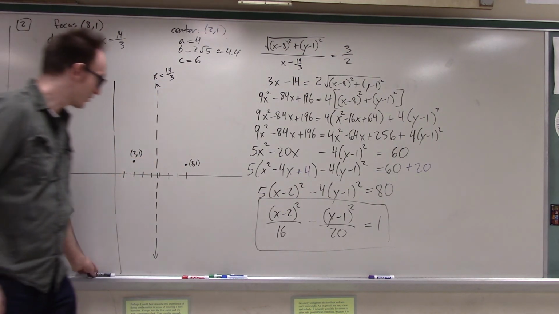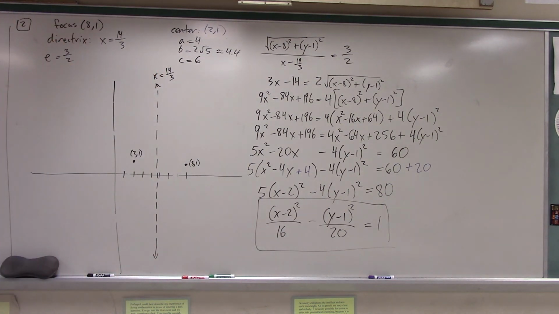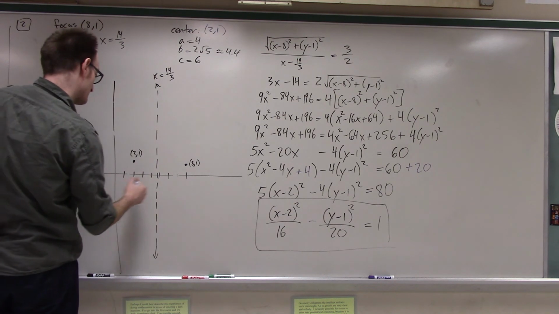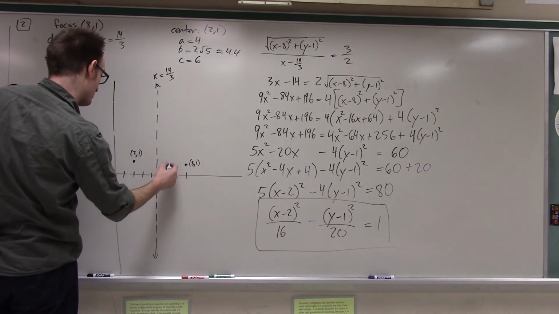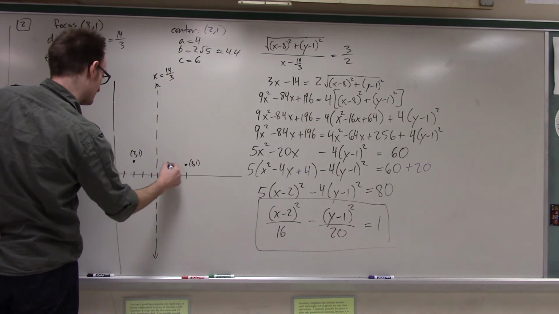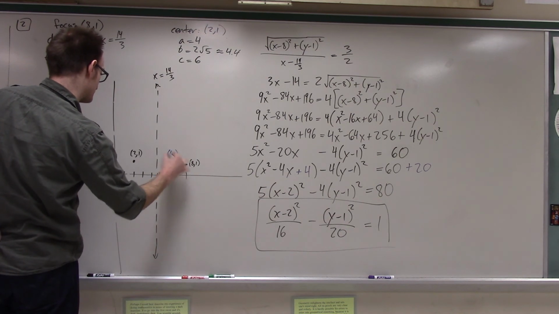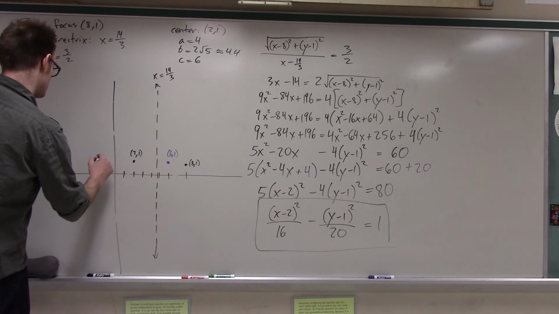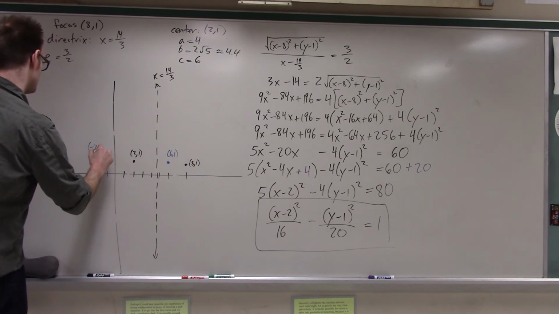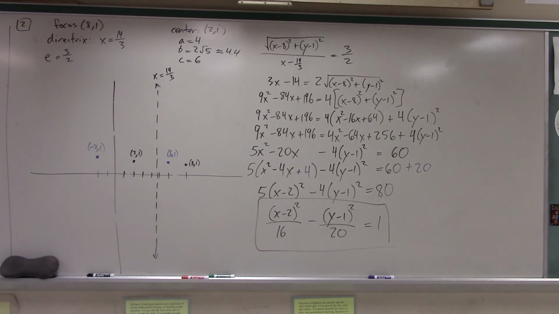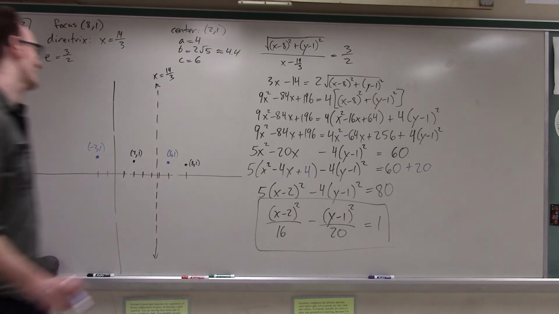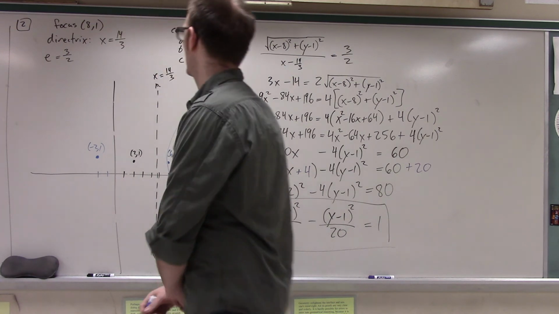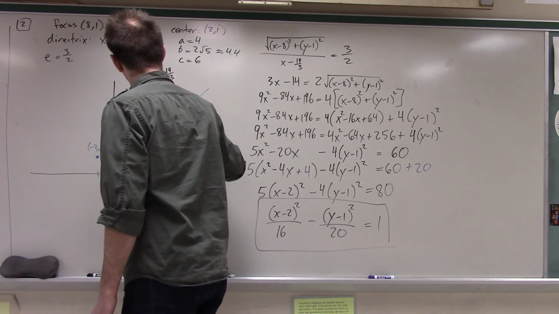Where is the vertex? Well, one vertex is 4 away, so that's going to be at (6, 1): 1, 2, 3, 4. And the other vertex will be 4 on the other side, so (-2, 1). And I don't feel like making my happy box and everything, but I guess I should do it if I'm doing it properly.